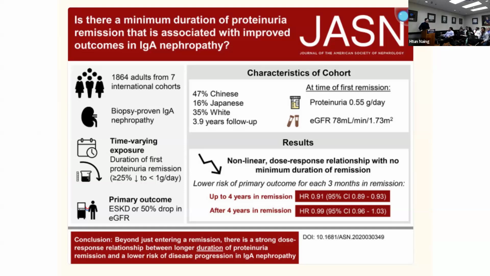The primary outcome was ESRD or a 50% drop in eGFR. From that analysis, if you can keep the proteinuria under control, every treatment reduces the hazard ratio to 0.9, up to 4 years. But after 4 years, the outcome is not going to change.